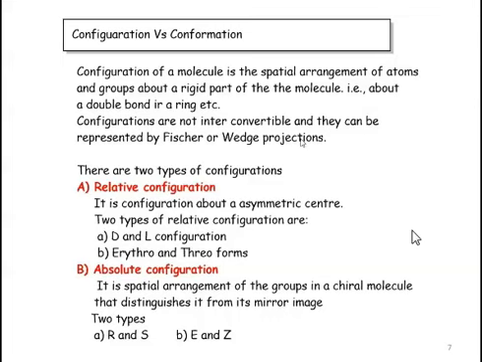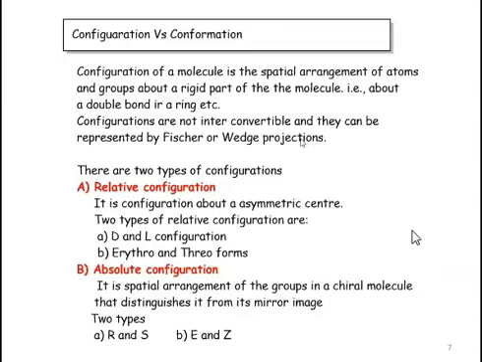Clear? What is relative configuration? Relative configuration is the configuration about an asymmetric center or an asymmetric carbon atom.